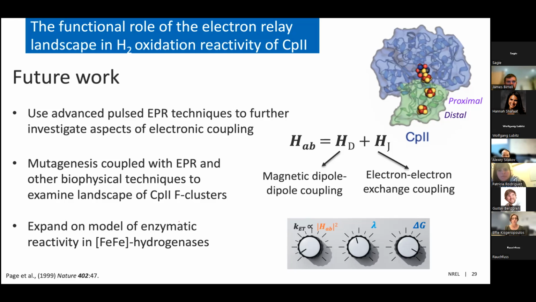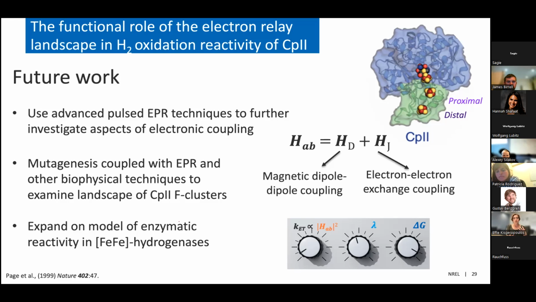So we want to start to build an approach of doing that within the CP2 system, and couple that with some other things like mutagenesis, perhaps, to try and get some additional, more direct evidence for the placement of those clusters within CP2. We're working without a crystal structure of the enzyme or anything.